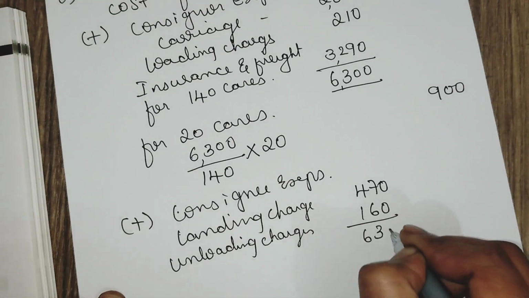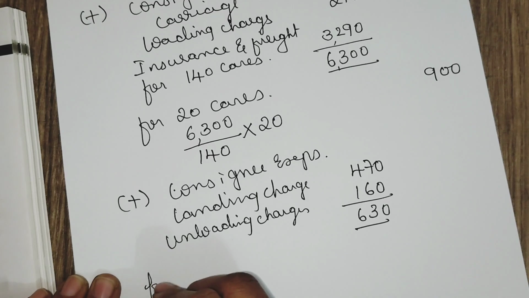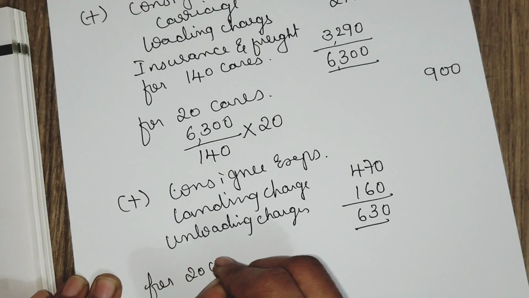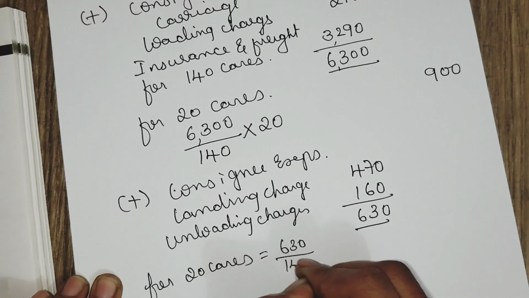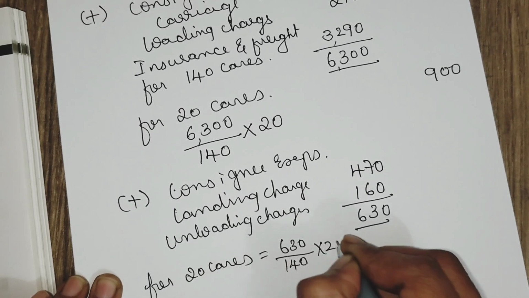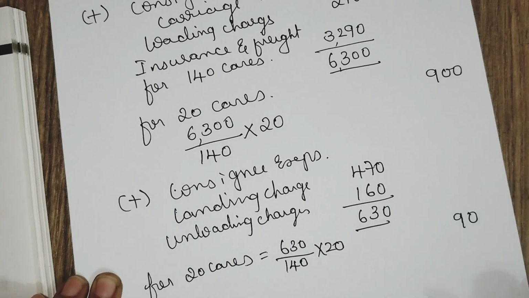Total is 630. Now this is for 140. We don't want it for 140, we need only for 20. So for 20 cases you have to do 630 by 140 into 20. That is 90.